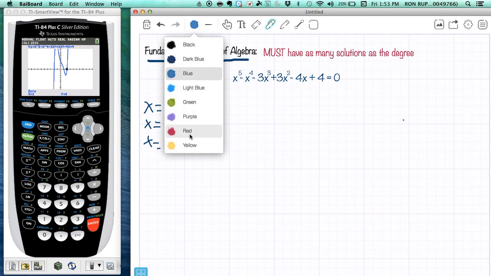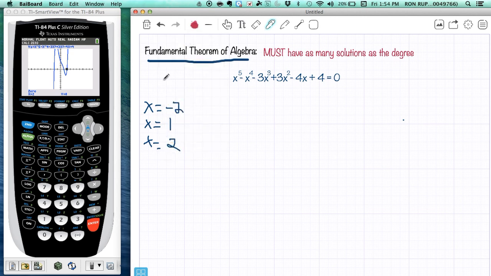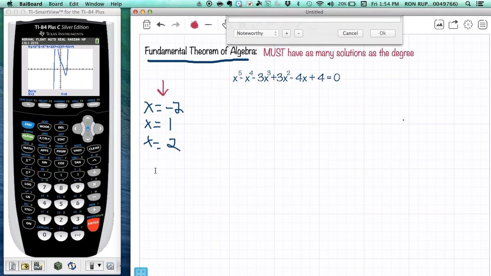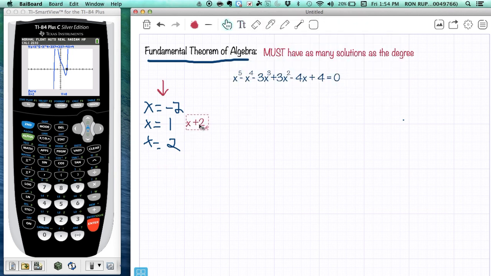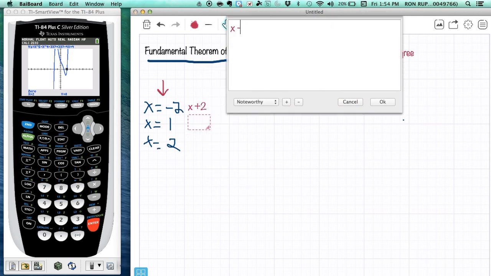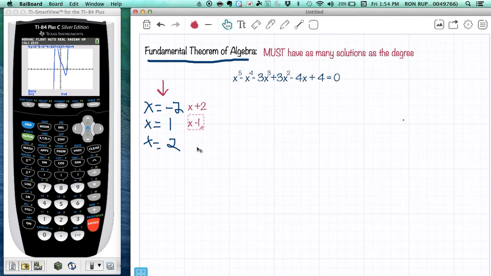If you're going to do long division, you need to turn these zeros into factors. So x plus 2 would be a factor, that way you could divide. That's the one that goes with that zero. This one would be x minus 1, the factor that goes with the zero x equals 1.